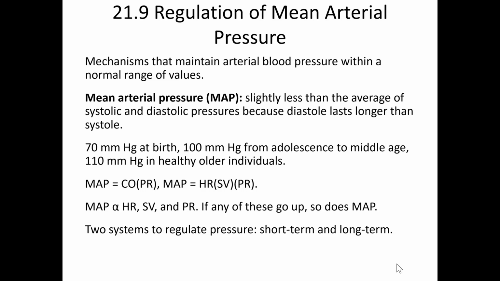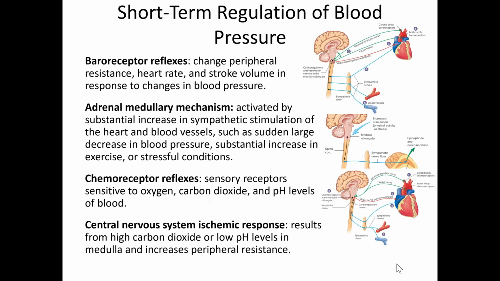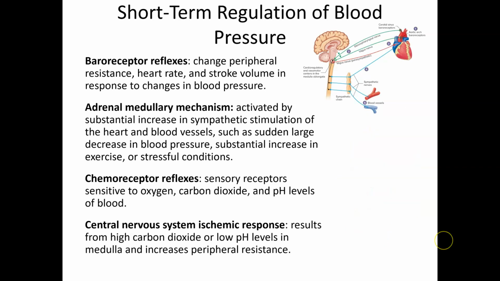In order to regulate our pressure, we can use two systems, our short-term and our long-term. So we'll start off with our short-term regulation of blood pressure. You may recognize the baroreceptor reflexes. These are the sensory receptors that are going to be sensitive to stretch.